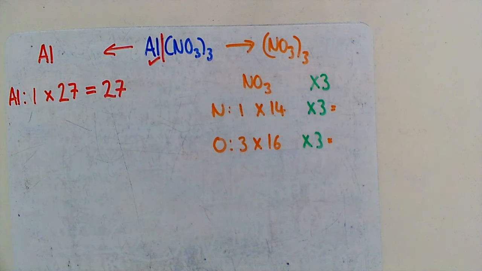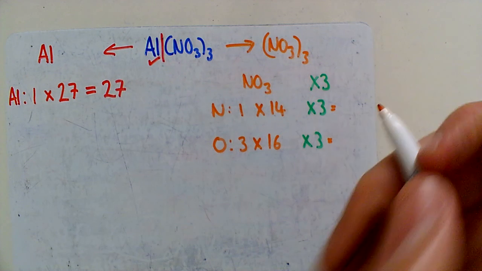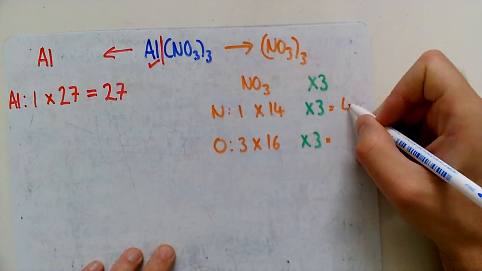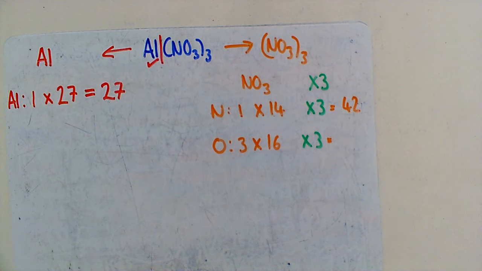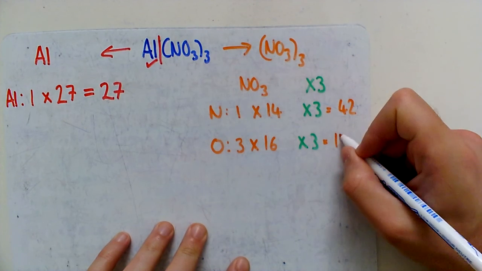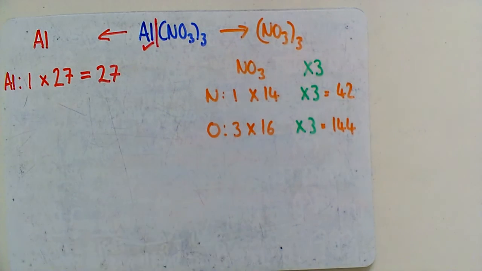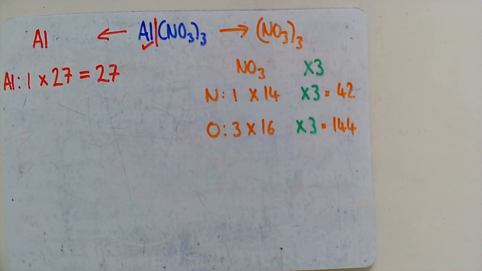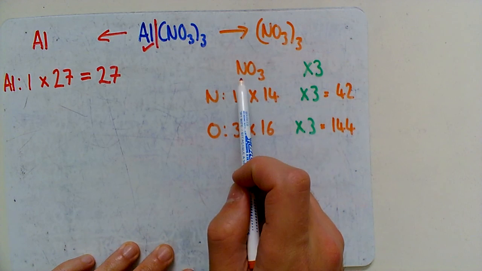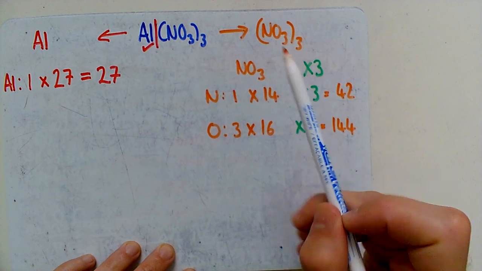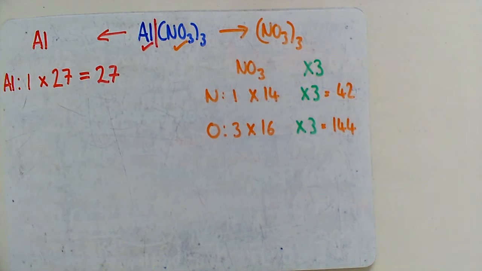So 3 times 14 is 42. 3 times 16 is 48, but we need to multiply that by 3 again, and that gets 144. So let me just check that, 16 times 9. Yeah, 144. And we have done the NO3, we've done the bracket, so we've done this side.